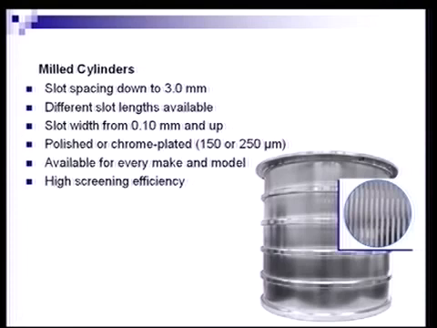It happens to be fairly low open area, so we have to be a little bit concerned about the process considerations, but it's extremely robust, very rugged, very reliable, and was the basis by which all the slotted screening technology came into use today. Still a very good, reliable technology.